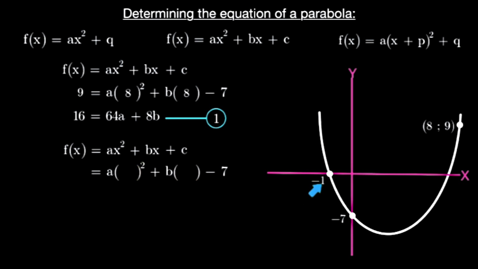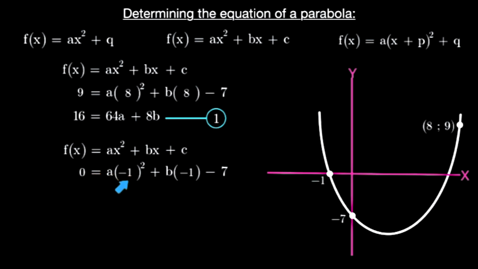What are the coordinates of this x-intercept? Well, it is (-1, 0), because remember, on the x-axis our y-coordinate is always 0. So in the place of this x, I'm going to put -1, in the place of this x also -1, and in the place of the y, I'm going to put the 0.